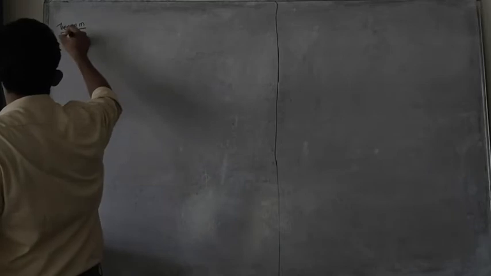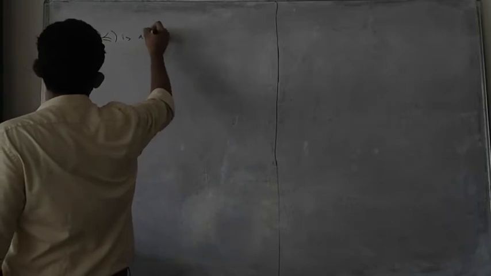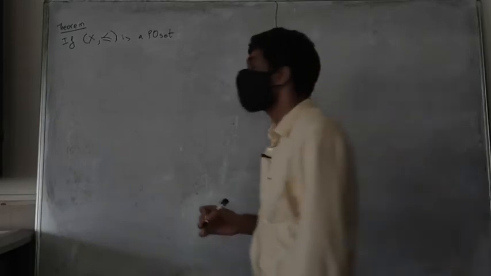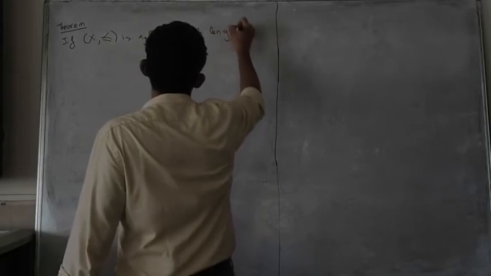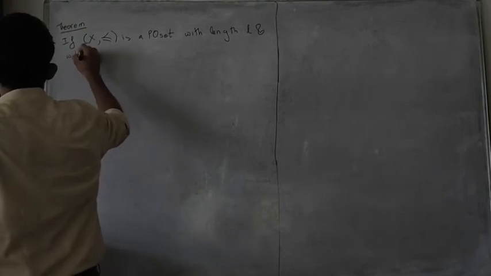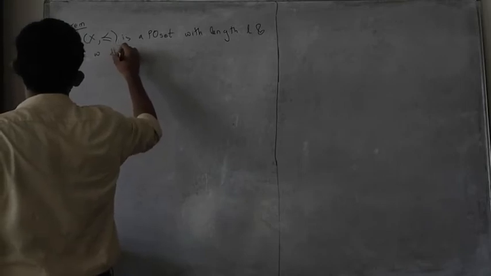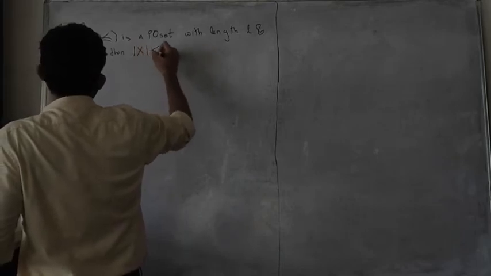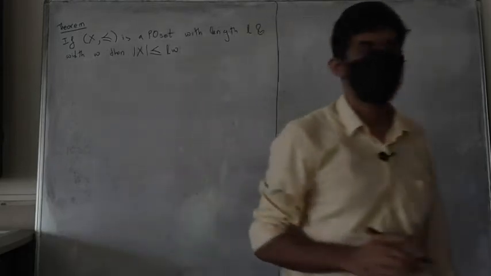If X with less than or equal to is a partially ordered set with length L and width W, then the cardinality of X has to be less than or equal to LW.